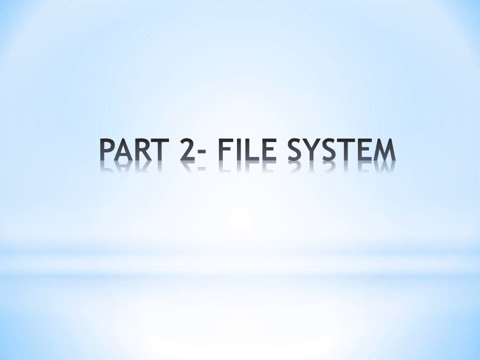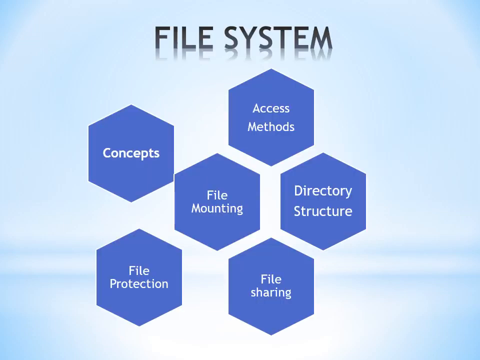In this topic, we will learn the file system architecture and structure in Windows and also Linux. We will go through the file system in terms of the concept, access methods, file mounting, directory structures, file sharing, and also file protection.